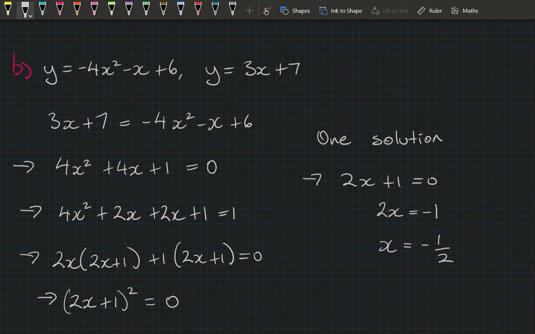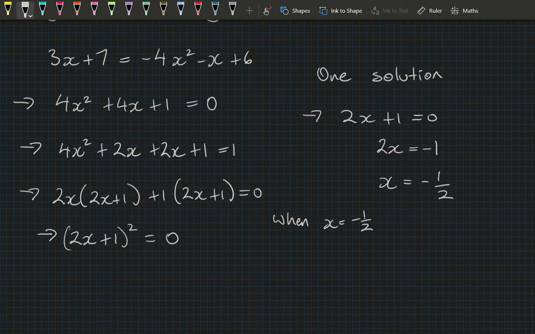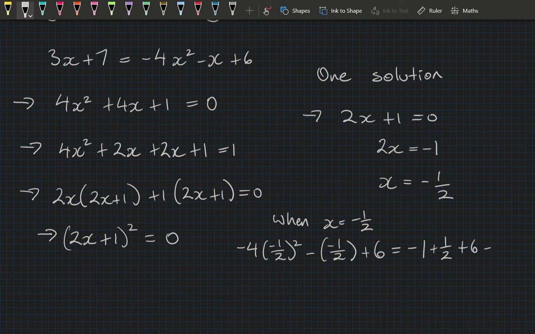And as I said, let's be safe and sub it into both of our equations. So when x is equal to minus a half, the quadratic will say minus 4 times minus a half squared minus minus a half plus 6, which is equal to minus 4 times a quarter plus a half plus 6, which is 11 on 2.